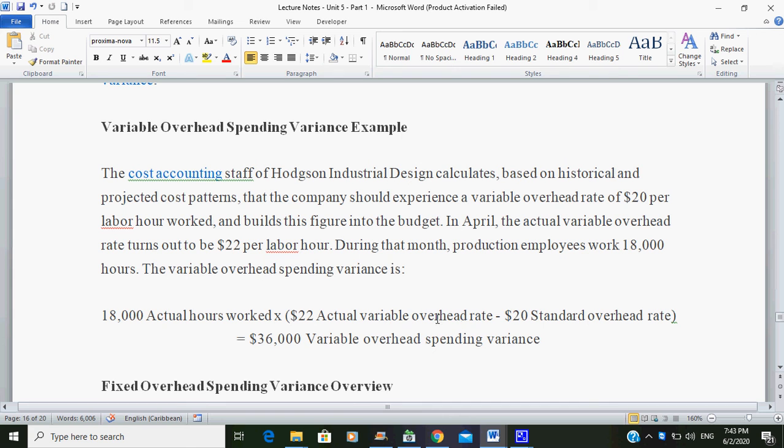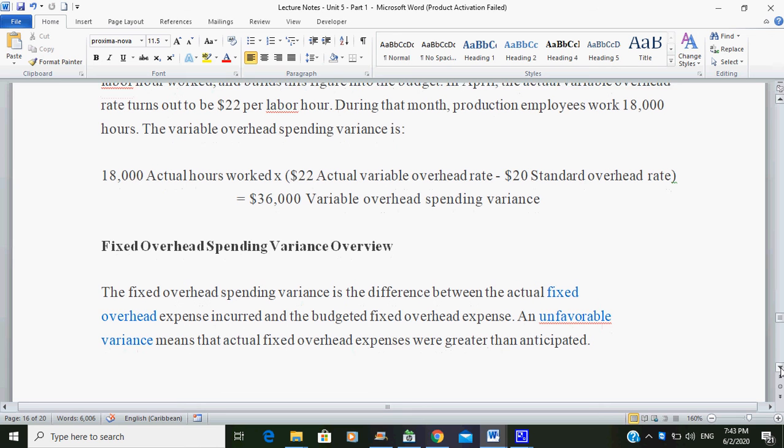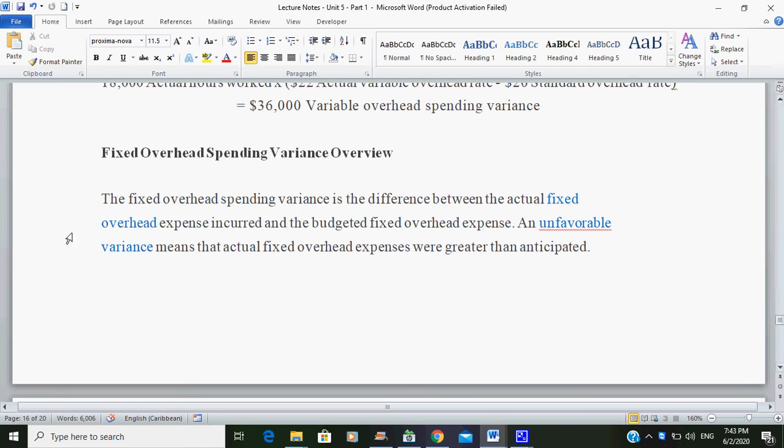The amount of expense related to fixed overhead should be relatively fixed. So the fixed overhead spending variance should theoretically not vary much from budget. However, if the manufacturing process reaches a step cost trigger point where a whole new expense must be incurred, this can cause a significant unfavorable variance.